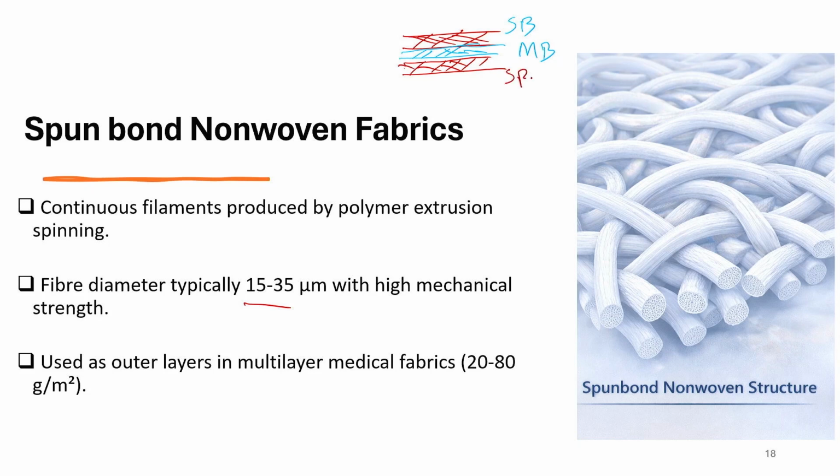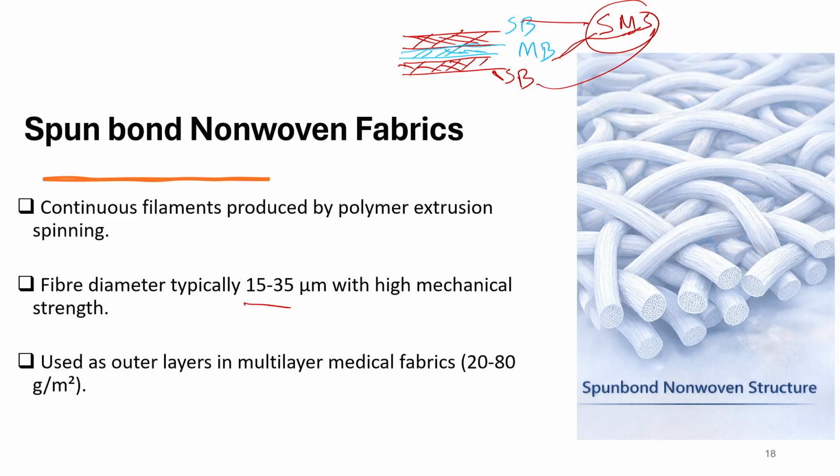Spun bonded, melt blown, spun bonded. So, in short we call it the SMS structure: spun bonded, melt blown, and spun bonded. So, in the SMS structure, this is the melt blown.